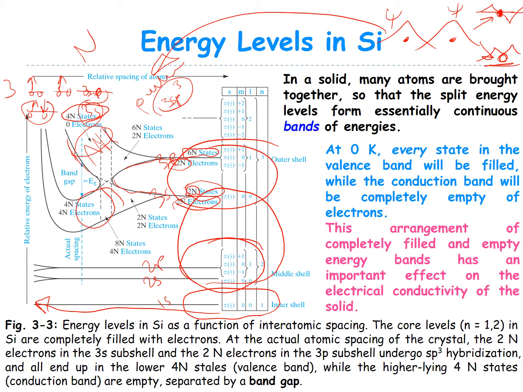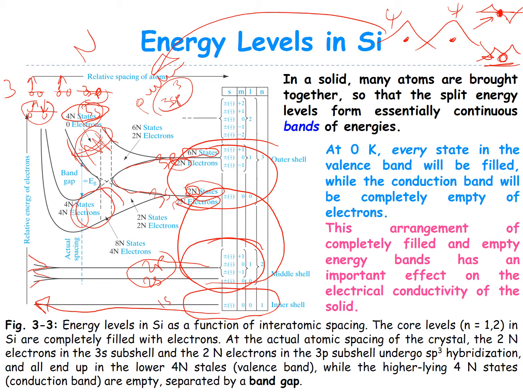Now, as you move this closer and closer together, the inner energy levels, like the 2p, will also start to interfere, and they will also start to split. The gap between the bonding and the anti-bonding states is what we call the band gap.